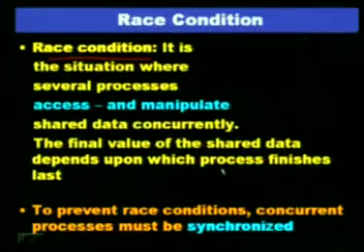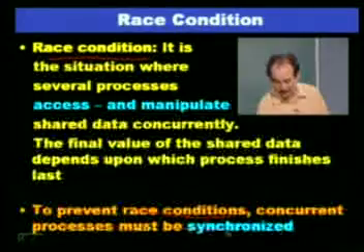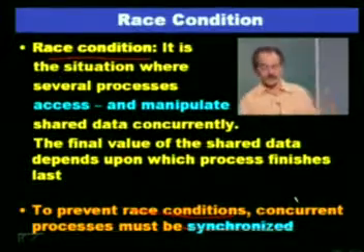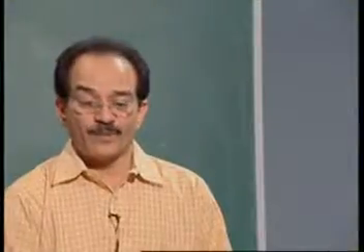Now, to prevent this sort of race condition, we have to think about some sort of synchronization. I hope you have understood this problem of cooperative processes: when processes execute in a cooperative mode, they end up with some sort of race condition. How can we take care of them? We must execute them in a synchronized way, and we call that the critical section problem also.